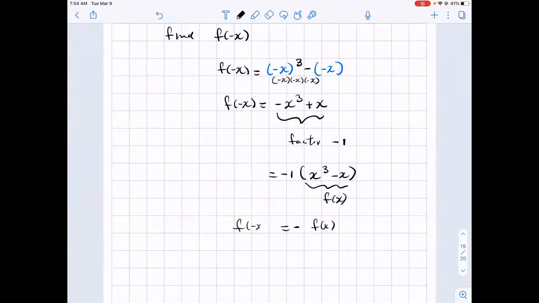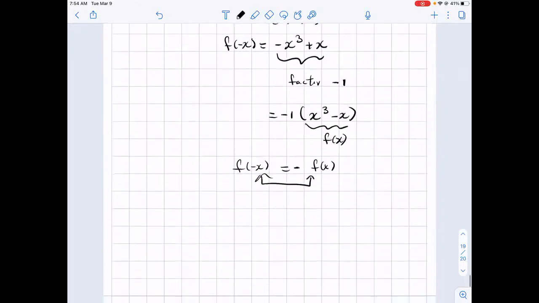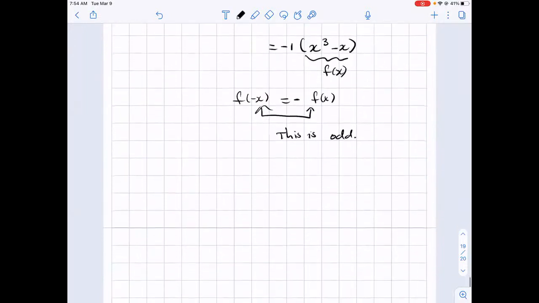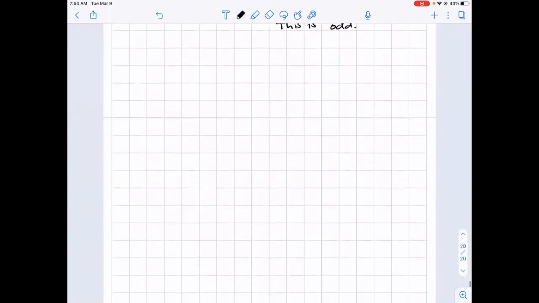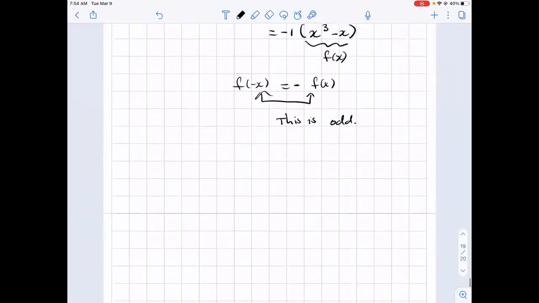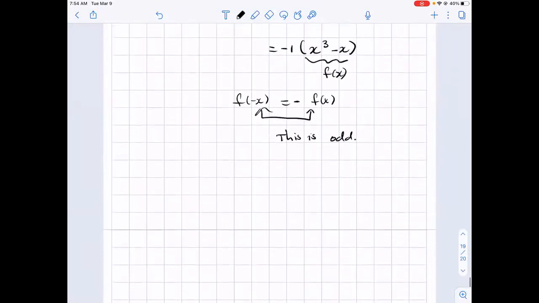So f of minus x is equal to minus f of x. So this is odd. To check for even and odd, we just have to make sure that we replace those values.